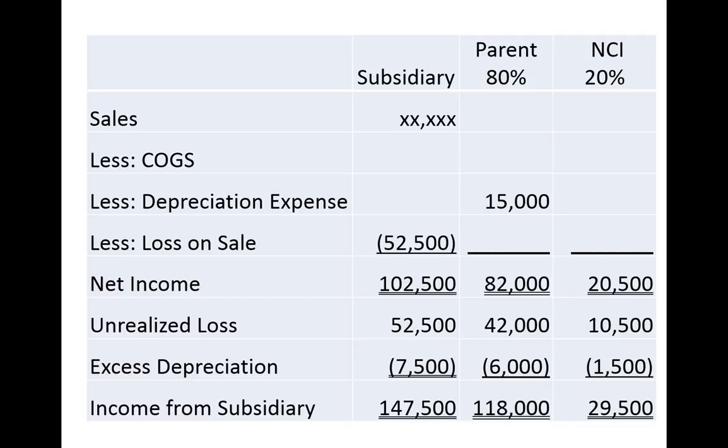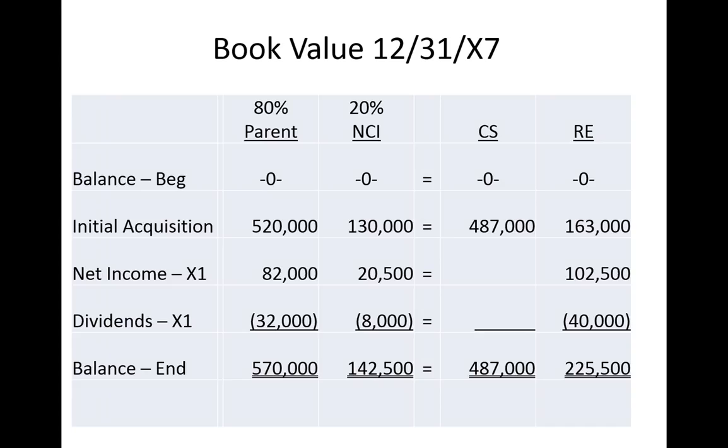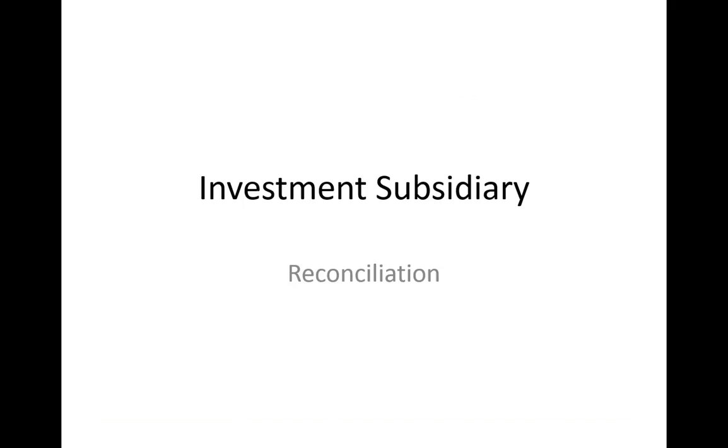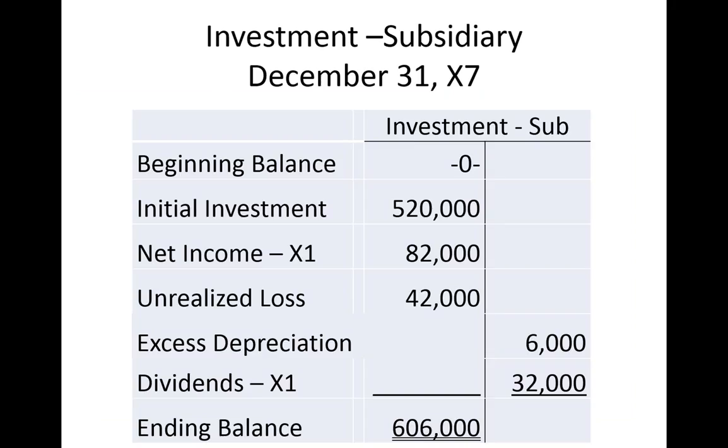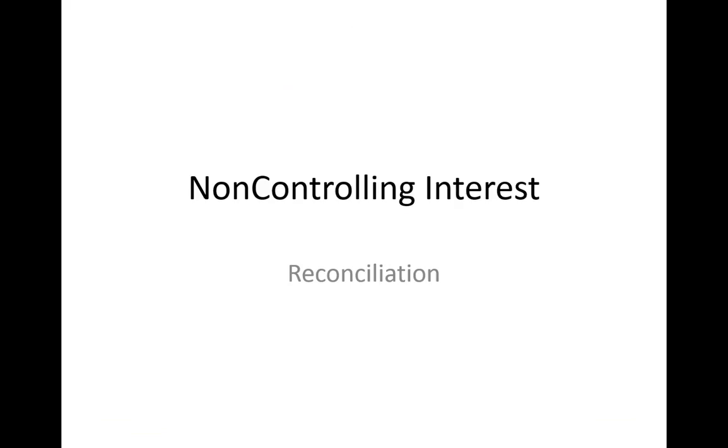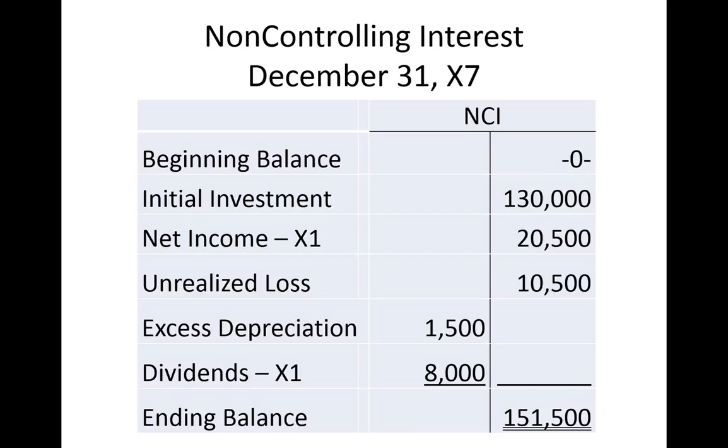On the downstream transaction, 100% of it goes to the parent. So if you can get one, it should be easily transferable and you can get the other. Here's our book value computations. And then we have our investment subsidiary reconciliation, and then our NCI reconciliation.